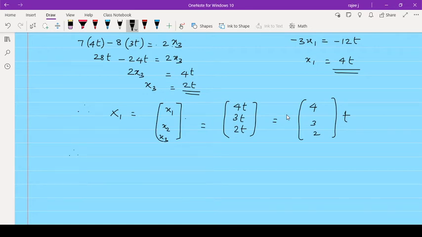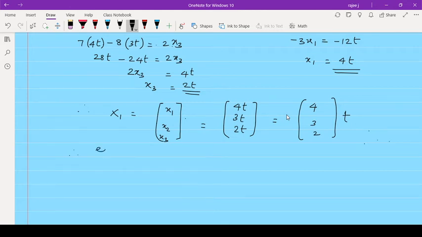Some may get the answer after solving as 8, 6, 4. This is also right, because here t is taken as 2. Any constant value; this eigenvector can be any multiple of 4, 3, 2. So that is the eigenvector corresponding to lambda equal to 1.